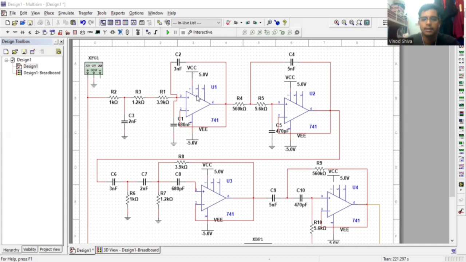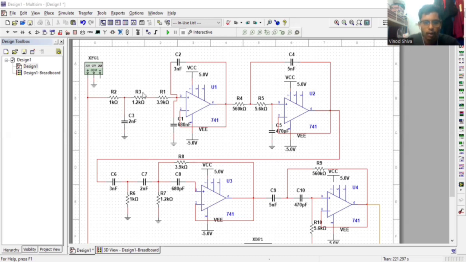This stage is configured with the capacitor C1 with 680 nanofarad in the feedback loop, and capacitors C3 and C2. C2 is 3 nanofarad and C3 is 2 nanofarad.